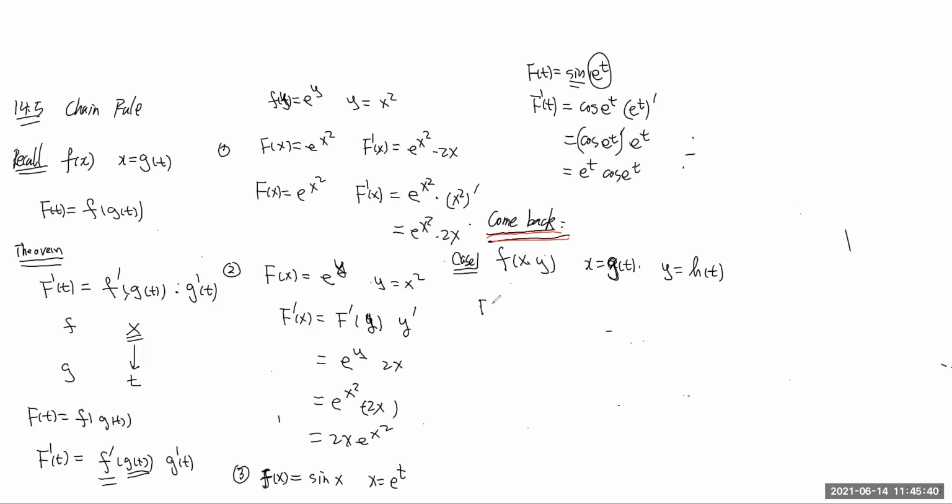So we get a new function F(t), or you write z(t), it's the same, which is f(g(t), h(t)). So now you get a function of a single variable.